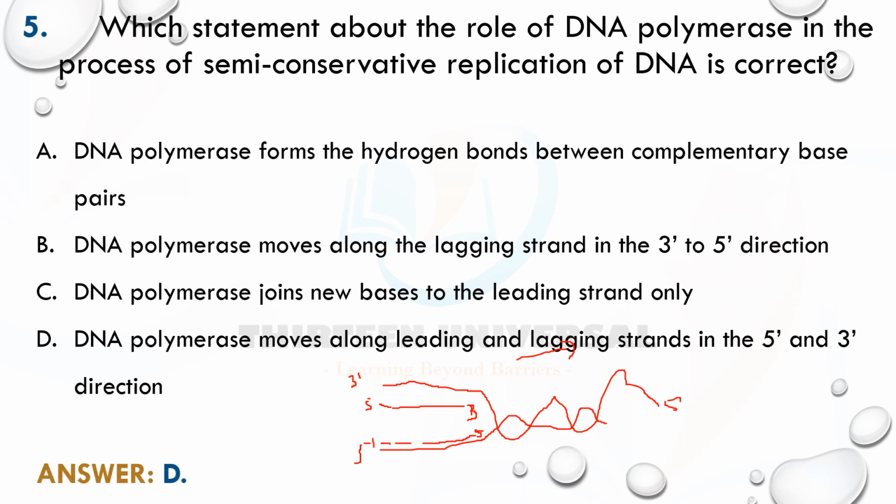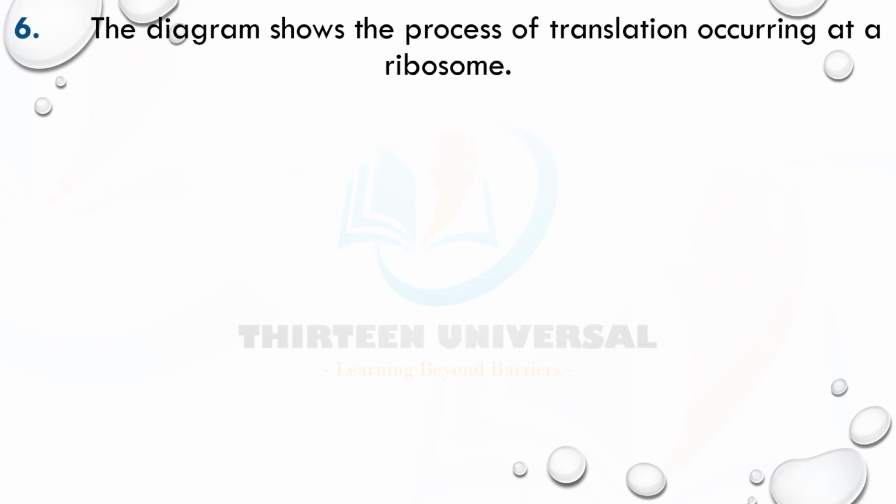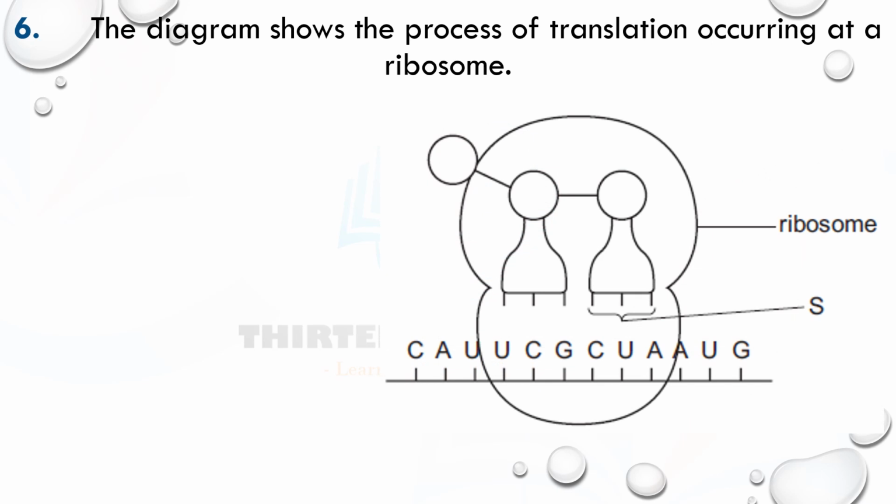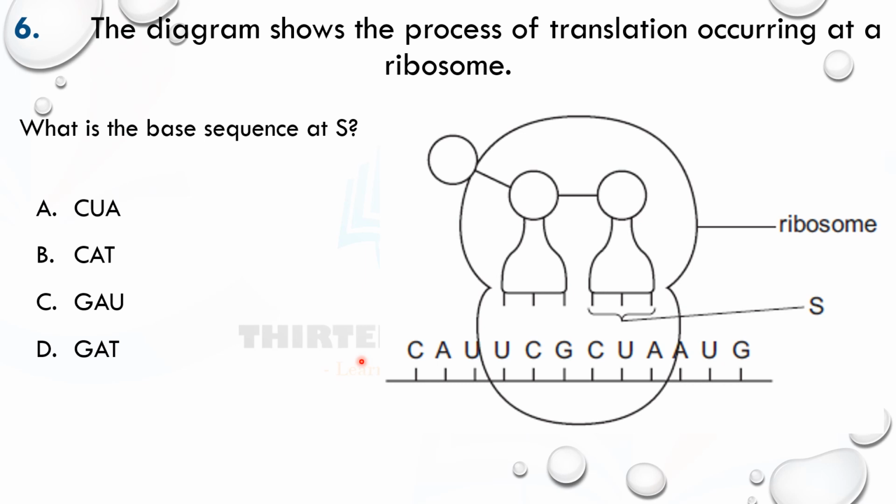Pause this video, watch it again, and send us your comment. The diagram shows the process of translation occurring at a ribosome. What is the base sequence at S? Please try this. This is S, this is the anticodon.